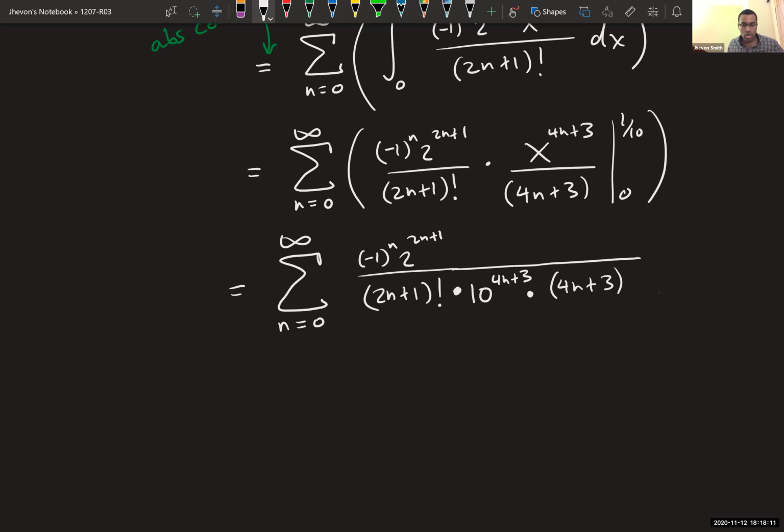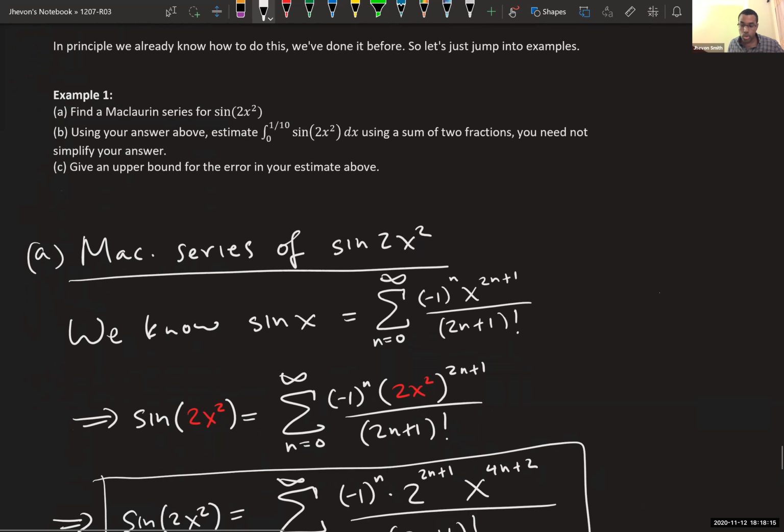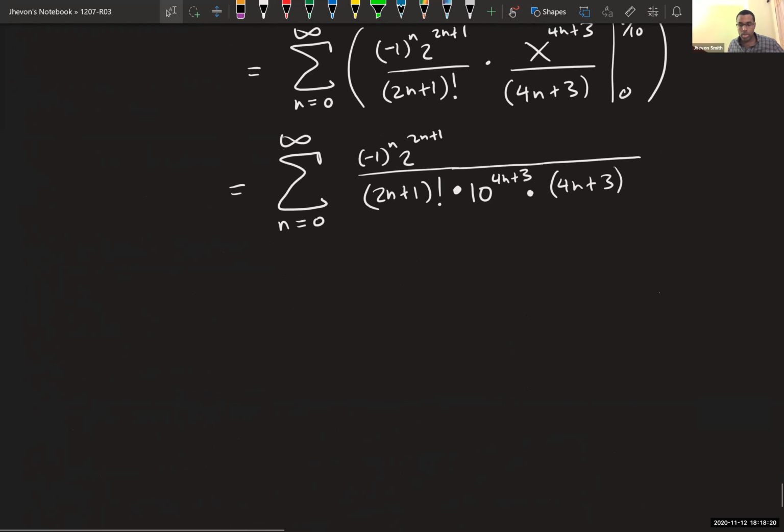And so now it says, using the sum of 2 fractions, you don't need to simplify your answer. What is this integral? So now I just evaluate the first 2 terms. If I plug in n equals 0, I would get 2 divided by 1 times 10 cubed times 3.